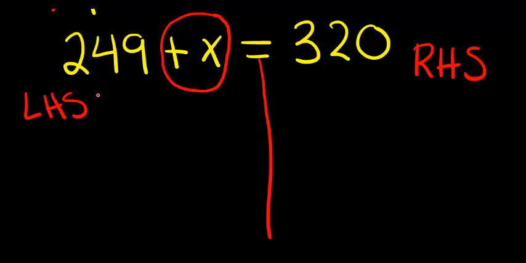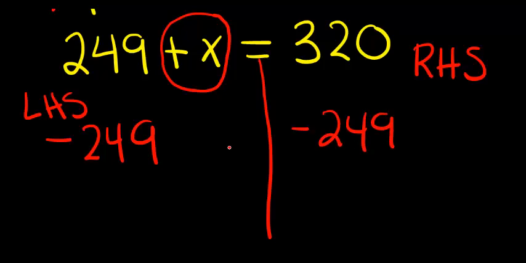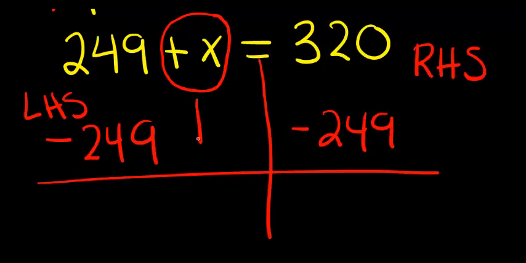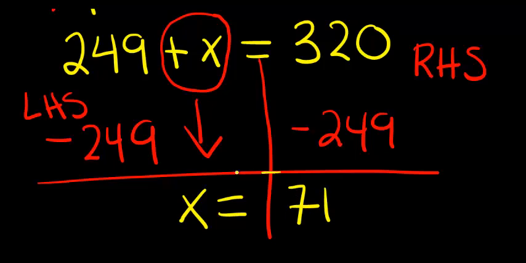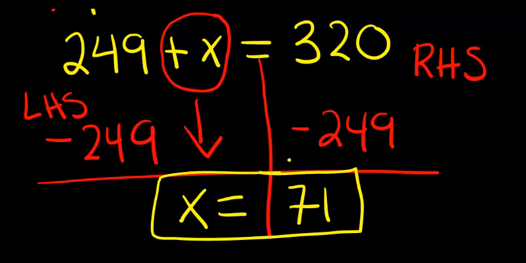So I'm going to go ahead and subtract from both sides a constant term of 249. I didn't touch my x term, my variable term, so I'm just going to bring that down. So x is equal to 71. This means that Timothy would have to get at least a 71 if he wants to get an 80 average.